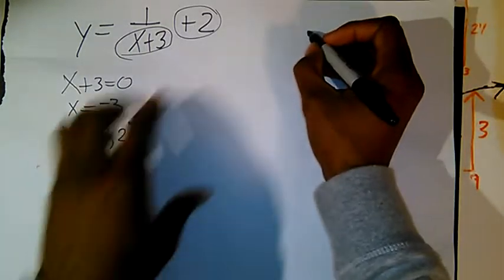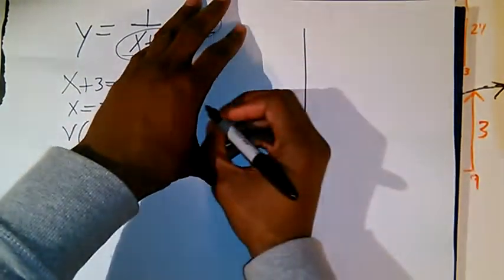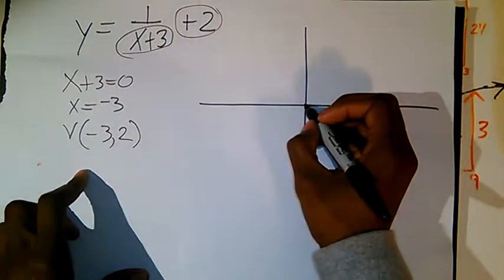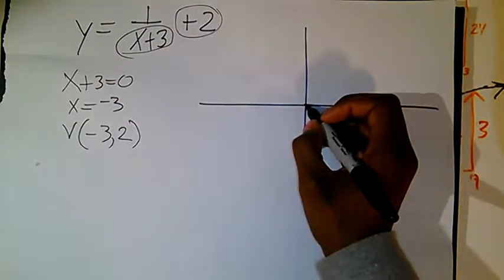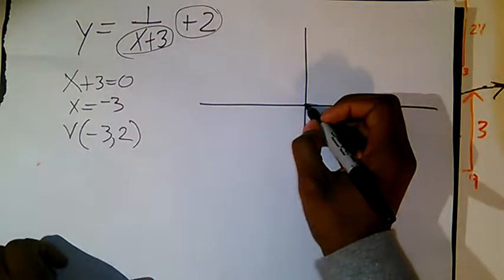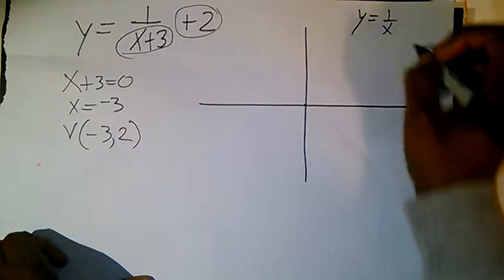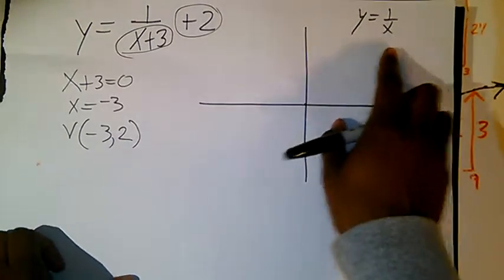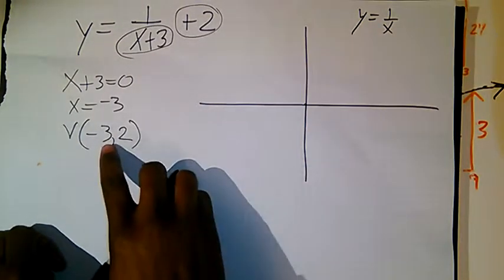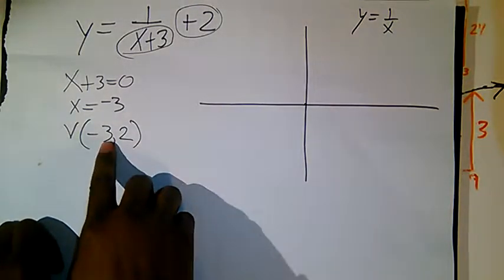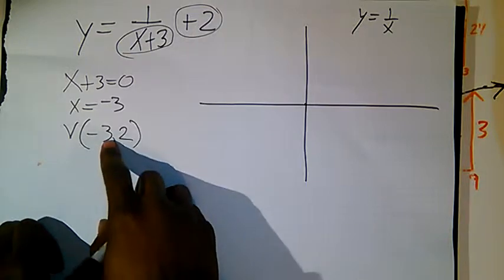All right, let's draw it. Starting off with our base function, which is y equals 1 over x. And what's happening here is it's being shifted over. In this case, it's shifted to the left 3 times.